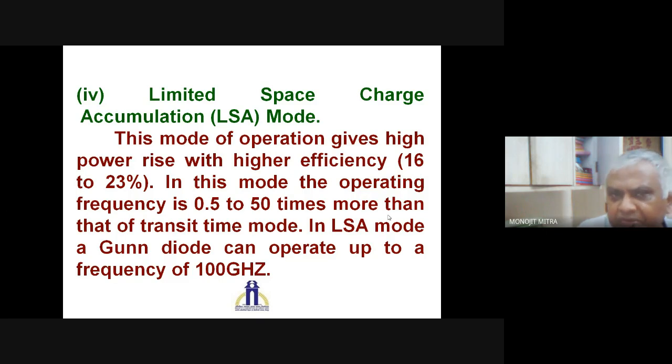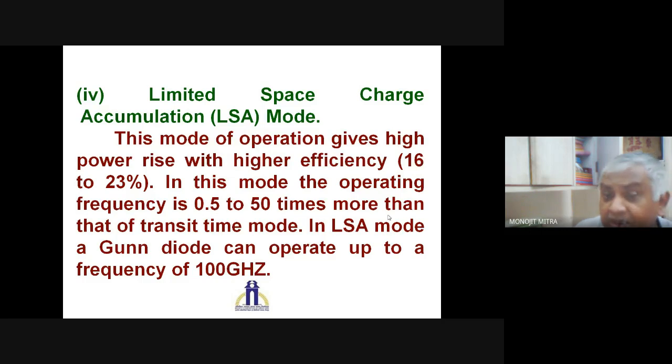Always remember that. The same device which gives you maybe 10 watt at 5 kilohertz, if you operate at 7 kilohertz, 10 watt will come down to 7 or 6 watt.